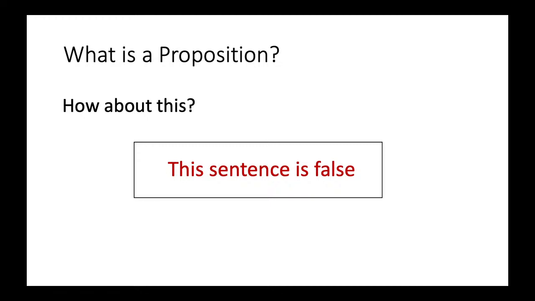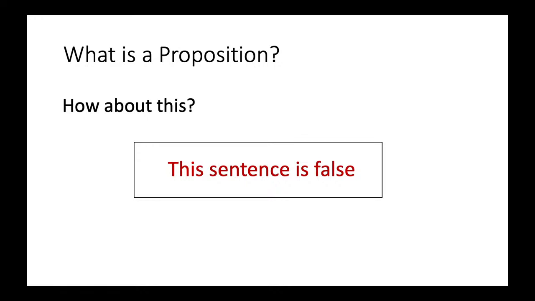It says: the sentence is false. First of all, it looks like it is a sentence, right? And it is a declarative sentence, right? It is declaring that this particular sentence itself is false. But let's take a look at whether this can be a proposition or not.